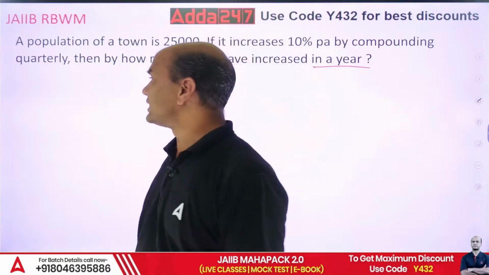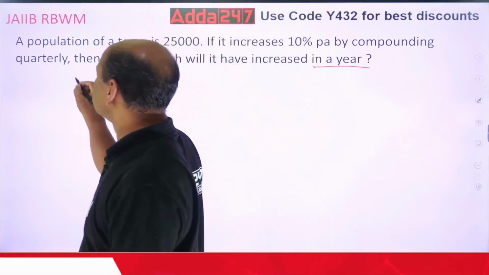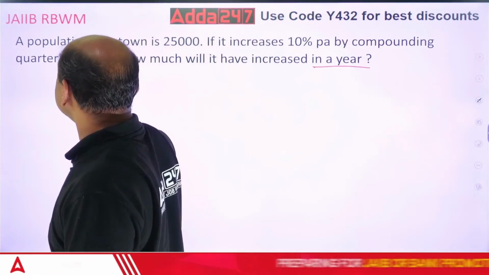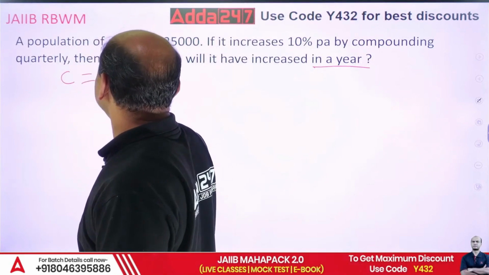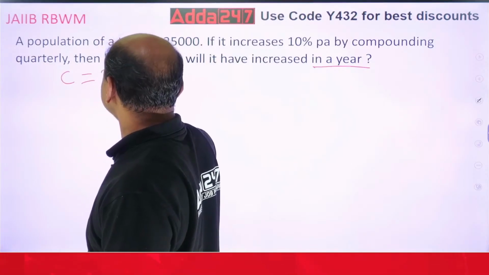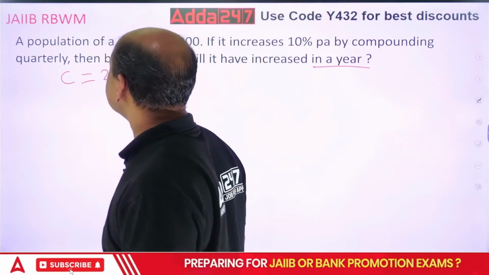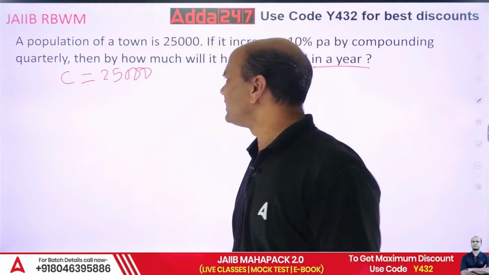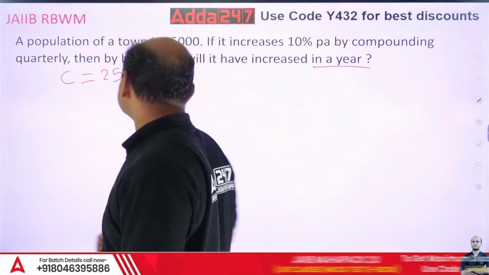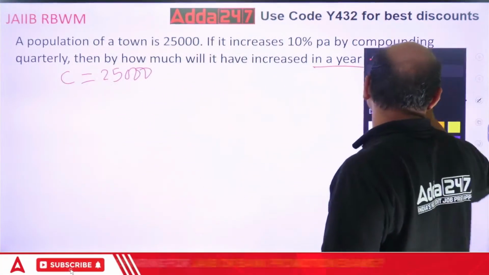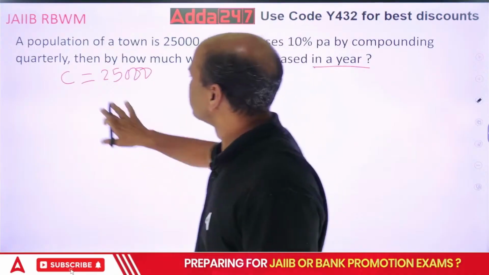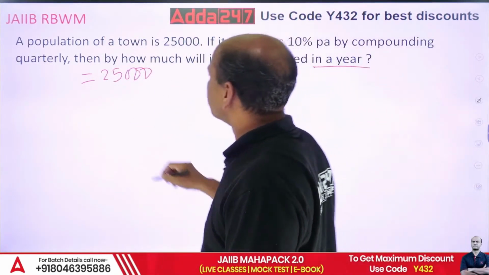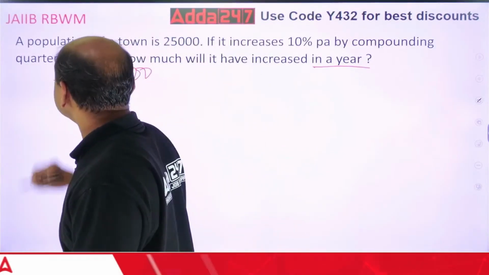So what is given? Present population is 25,000. So let's write this P. P is present population. So P equals 25,000.